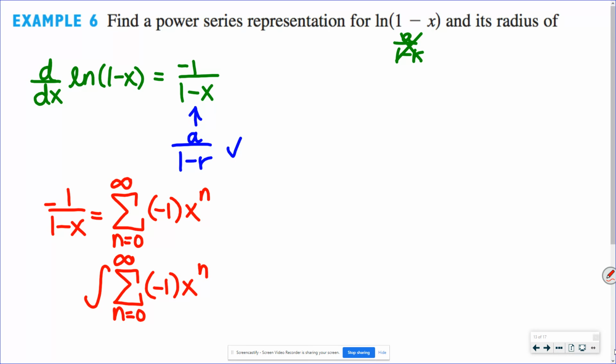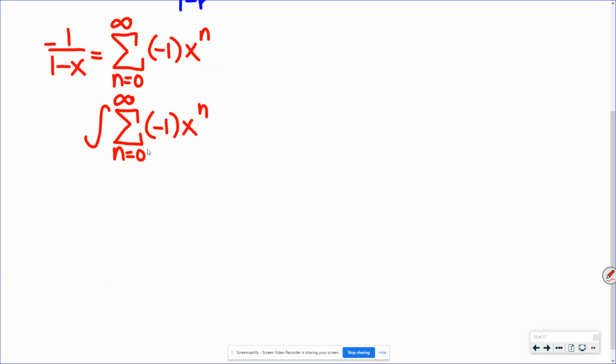Now, taking an antiderivative of a series is not that hard. It still follows the same kind of procedure as a regular antiderivative, okay? I have a -1, I'm going to add 1 to my power and divide by the power. So add 1 to n and divide by n plus 1.